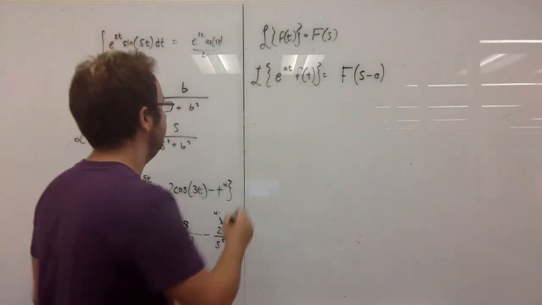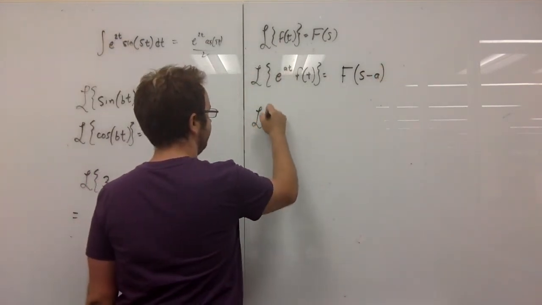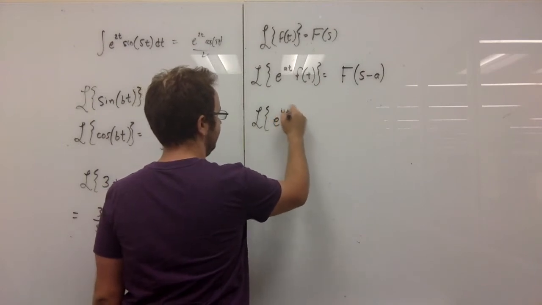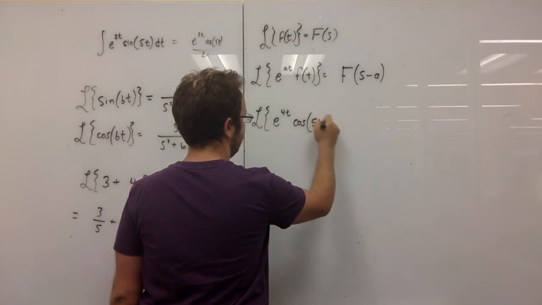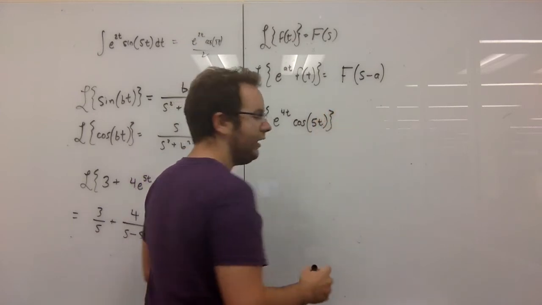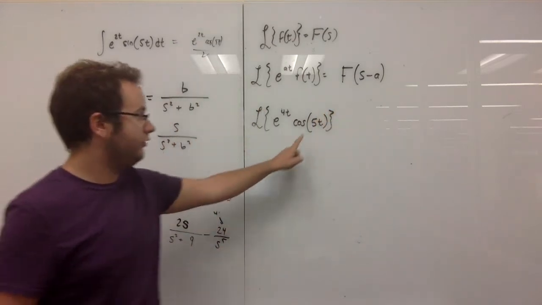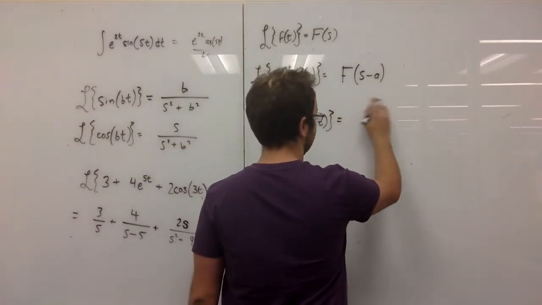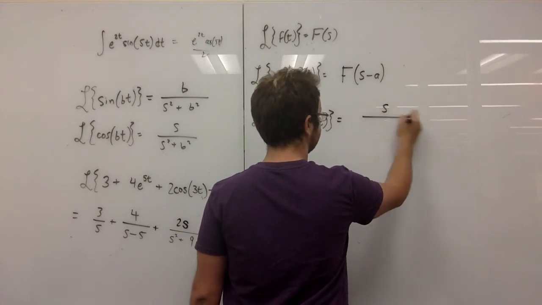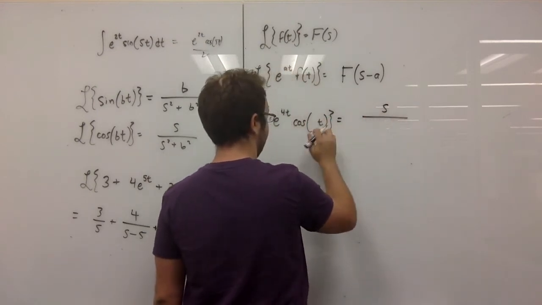Let's look at an example. What would the Laplace transform of e to the 4t cosine of 5t be? Start by asking yourself, what's the Laplace transform of just cosine 5t? Let's not use 5 because my 5s look like s's.